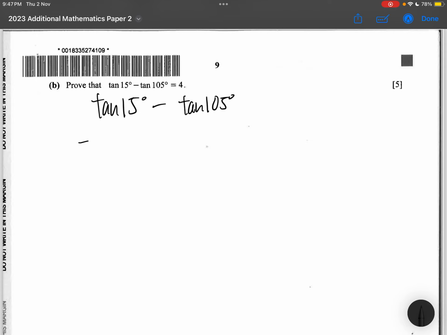But this is how they're supposed to solve it. They're supposed to use their answer from part A for tangent 15 degrees. And for the tangent 105 degrees, I want to think of two special angles that can add up together and give me 105 degrees. In this case, I have 60 degrees and 45 degrees.